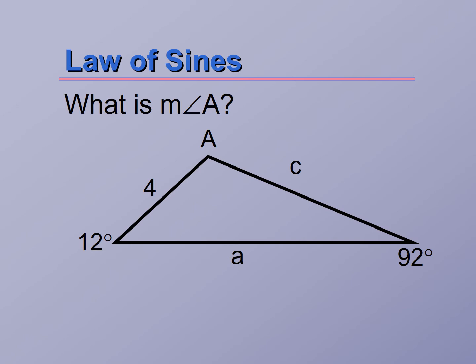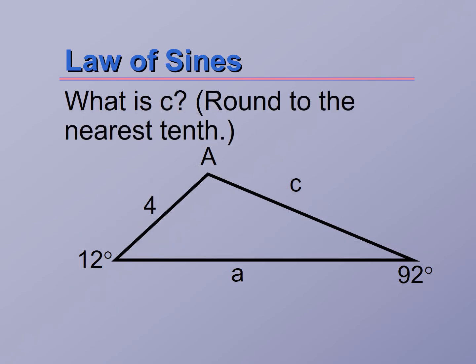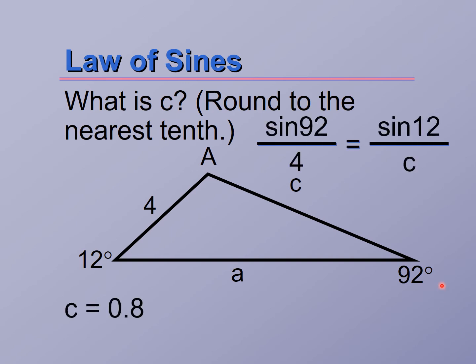Okay, so for measure of angle A here, we would do 180 minus 12 minus 92, and we would get 76. Now to find side C, we have to have a known ratio. And so remember that we have this 92 over here. So sine of 92 over 4 is our known ratio.